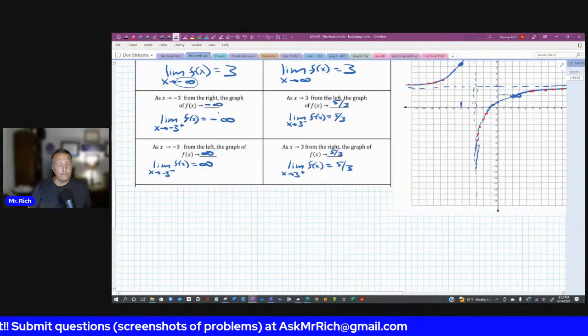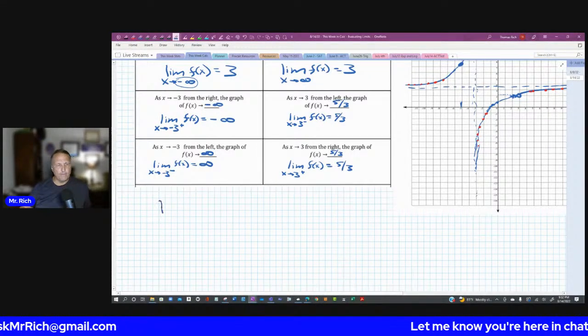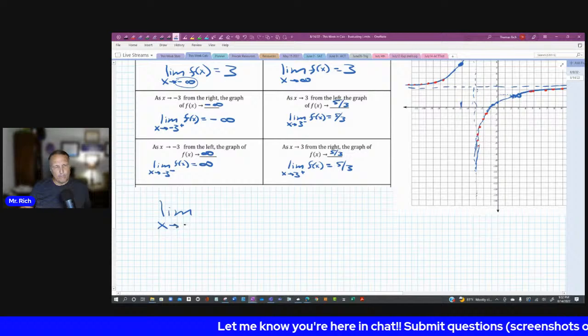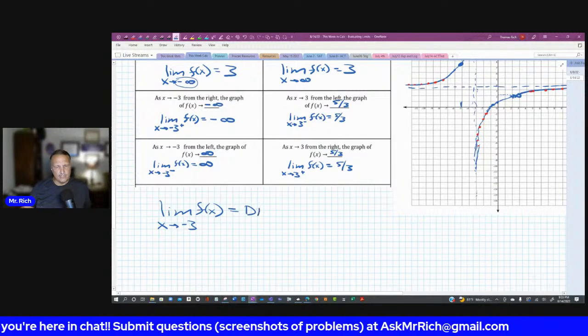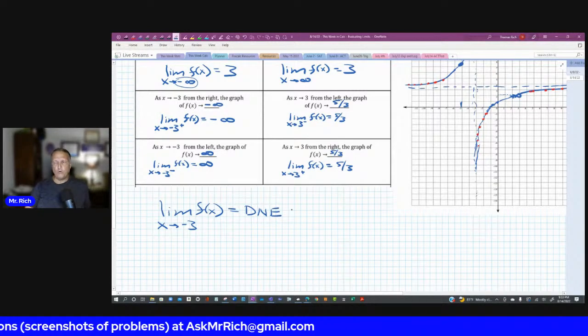It is okay to say that a limit on the right-hand side or left-hand side of a number approaches infinity or negative infinity. But when we're talking about an overall limit, for example, if I were to say, what's the limit as x approaches -3, okay, that limit does not exist because there is no number that it gets close to.